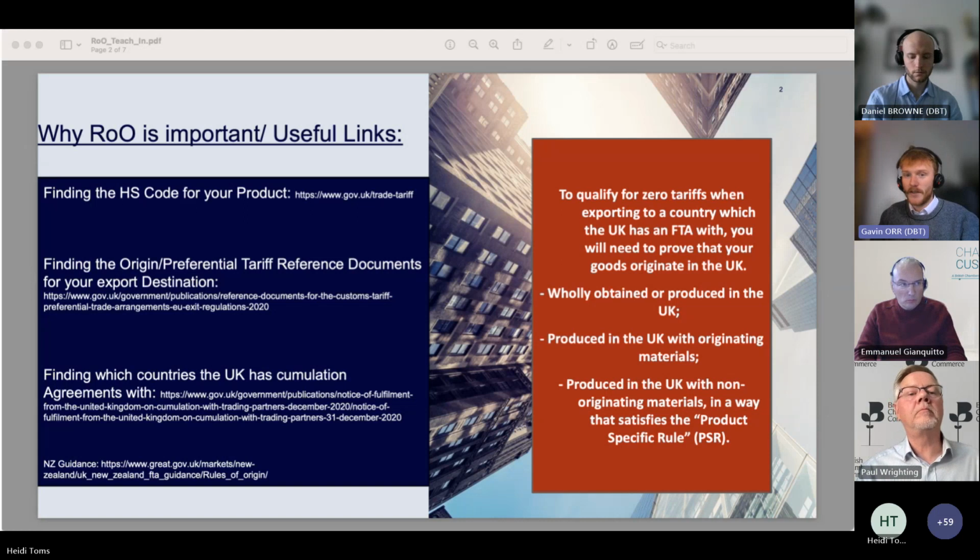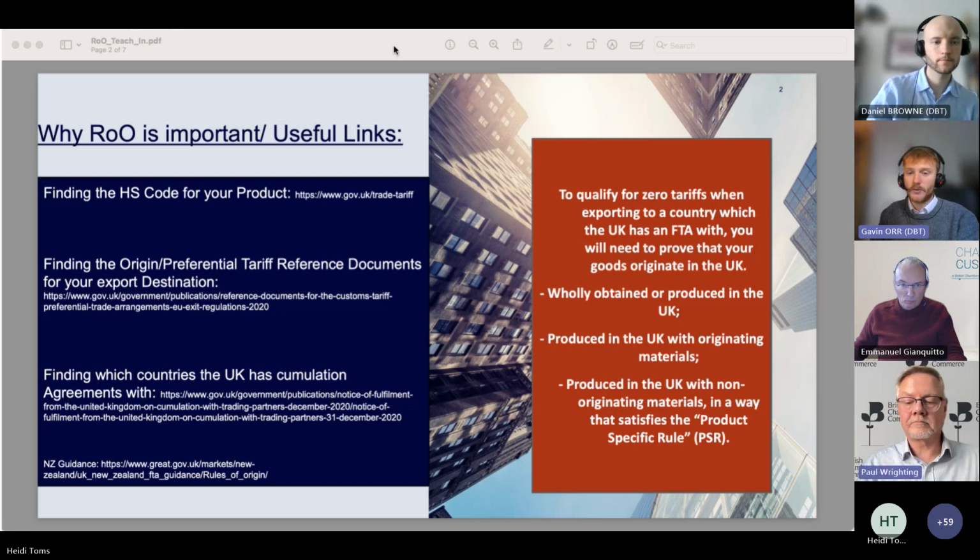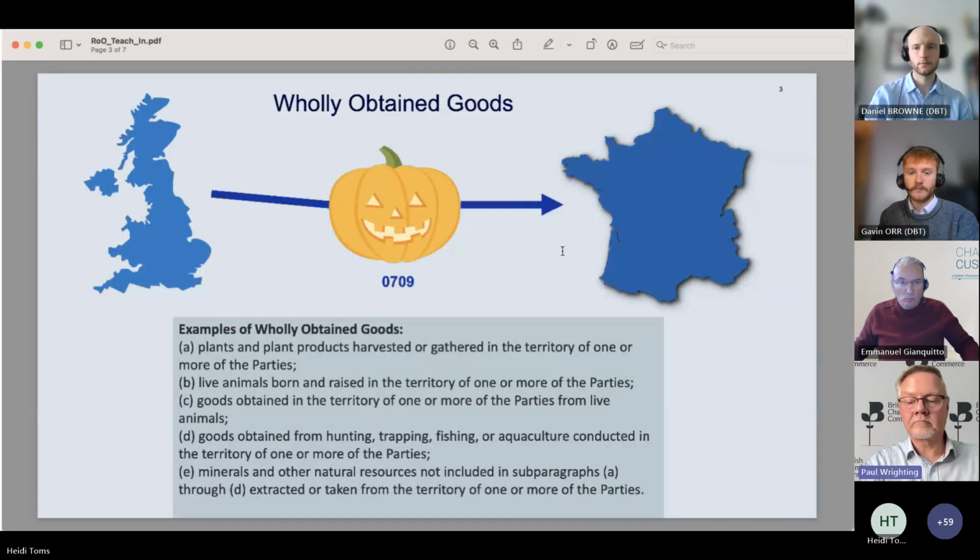At the top link on this slide, this is where you can go to find the correct product code. And then all of these product codes are listed in the FTA, where you can find the specific PSR for that product code. I hope that all makes sense. Heidi, if we could go to the next slide, please.